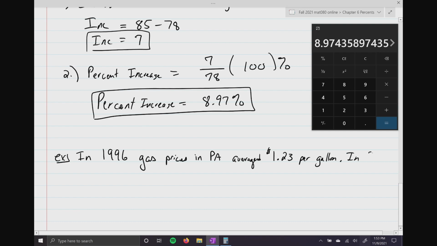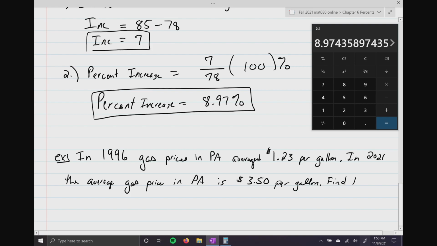In 2021, the average gas price in PA is $3.50 per gallon. Find the percent increase in gas. Okay?